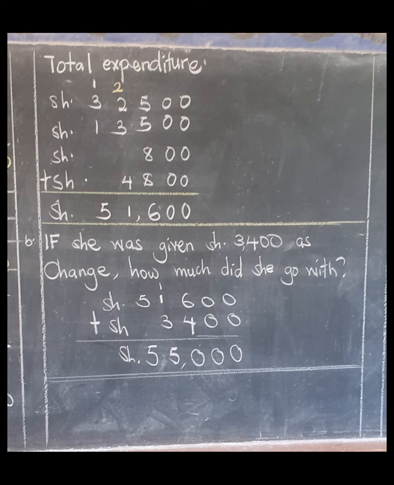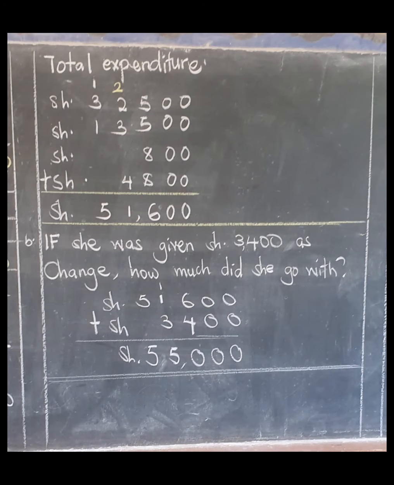Then part B is saying, if she was given 3,400 shillings as change, how much did she go with? This time, children, they have provided us with the change this person was given. Therefore, to find how much she went with, we get the total expenditure plus the change.